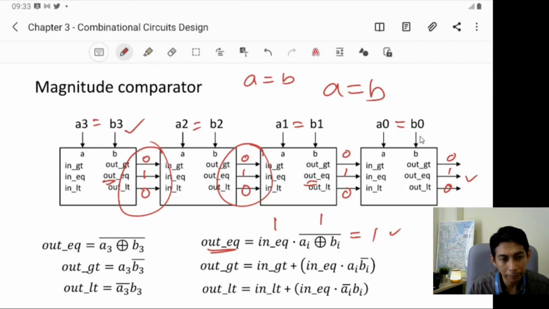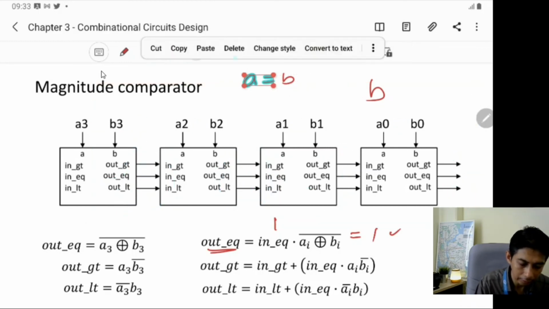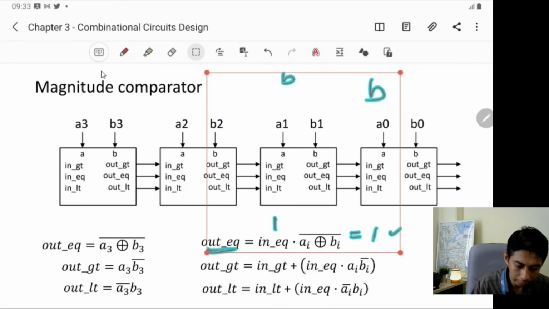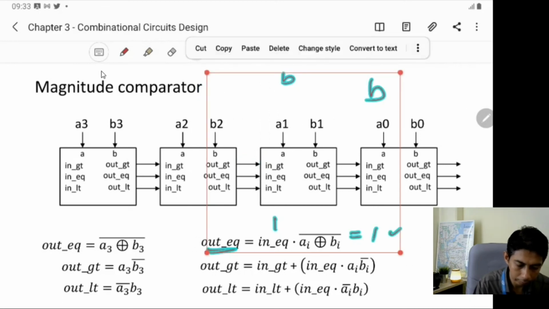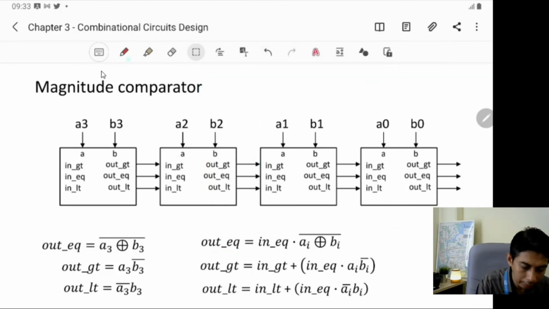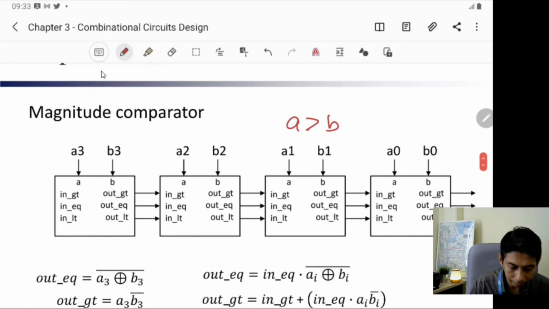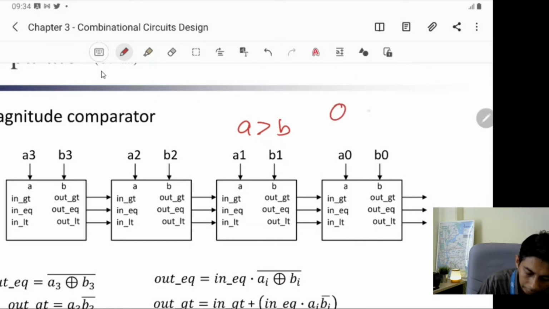Now, what if A greater than B? Alright, so for the case that A greater than B, for example, the number is 0 for A, 0, 1, 0, 0.